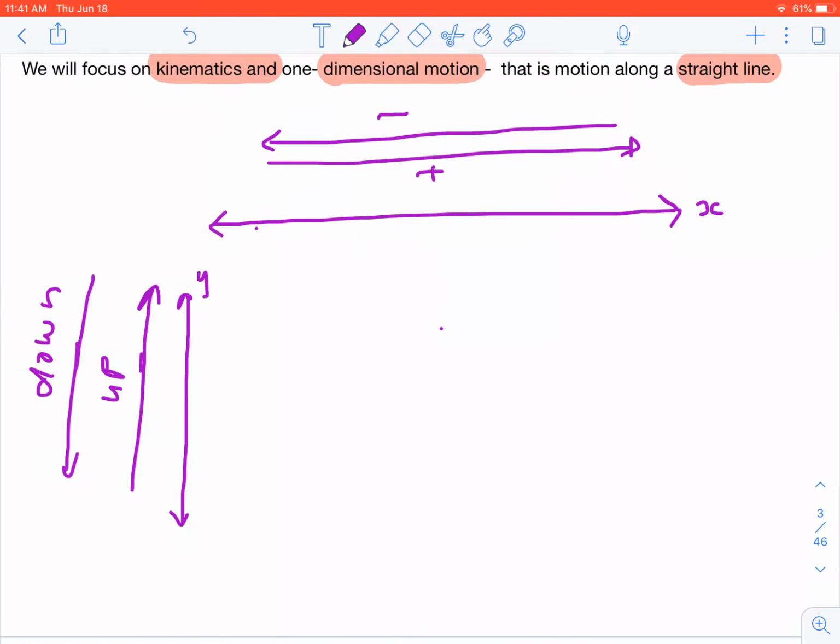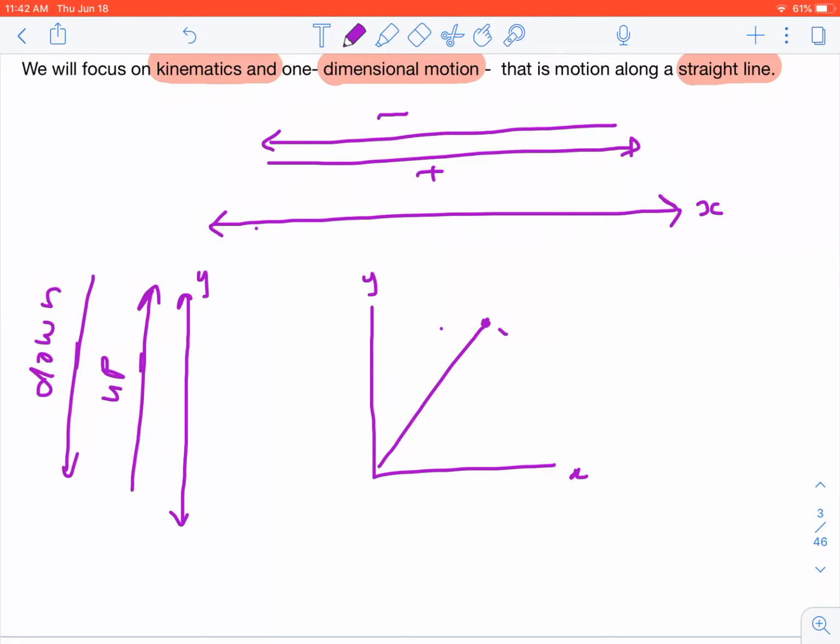Now, we will study motion only in one dimensional space. We will not be doing anything in 2D or 3D. What I mean by that is, say, we have here a y and an x, and we have an object or a particle here in this space.